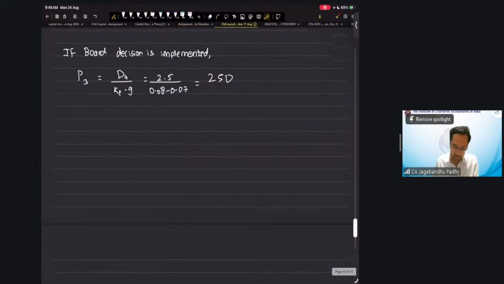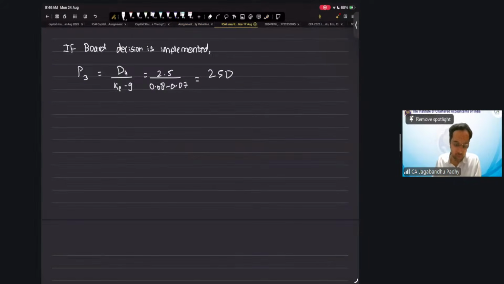So if that is the case, what will be the price of the share today? The price of the share today will be simply the present value of the third year price. So the present value of the third year price is P3 divided by 1 plus K cube.